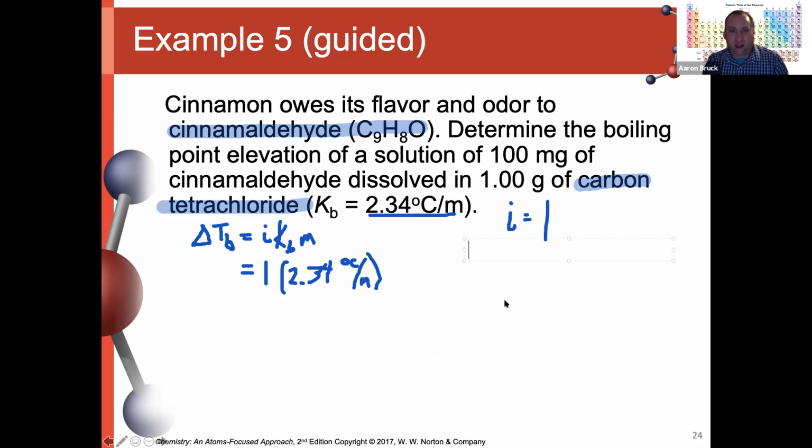So to that end, 100 milligrams is equal to 0.1 grams of cinnamaldehyde. And we're going to need to convert that into moles. Molar mass of cinnamaldehyde: 12.01 for each carbon times 9 carbons, 1.01 for each hydrogen times 8 hydrogens, and 16 for oxygen is 132.17.